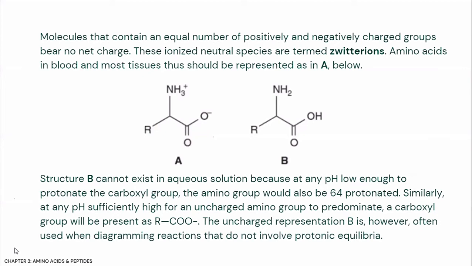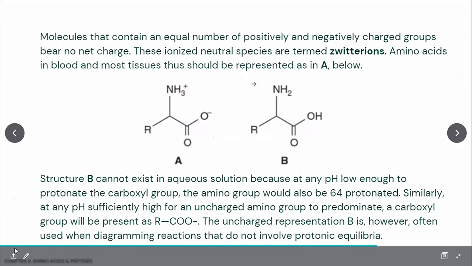So that means positive and negative charge. Now, this species cannot exist in your body at a 7.4 pH. Okay? But sometimes when we do reactions, we use this formula.